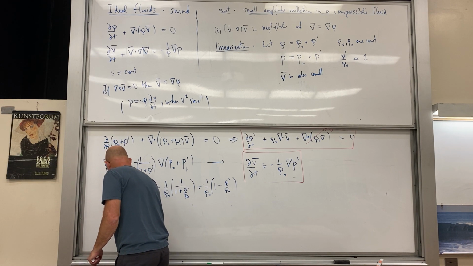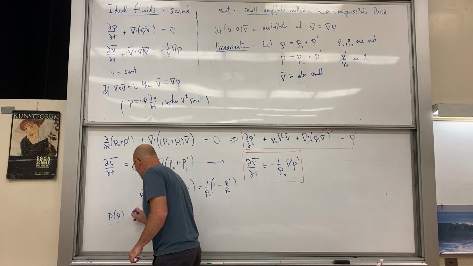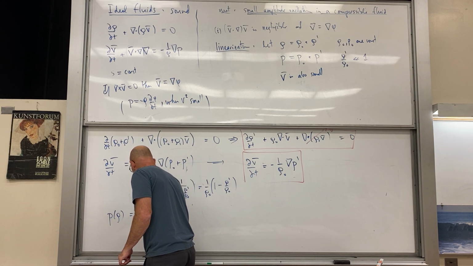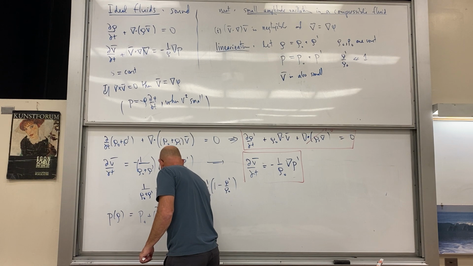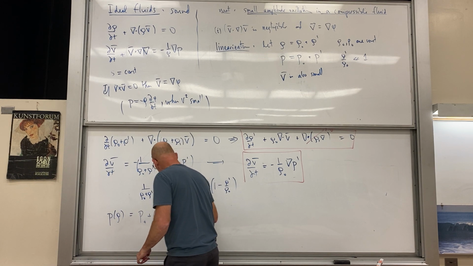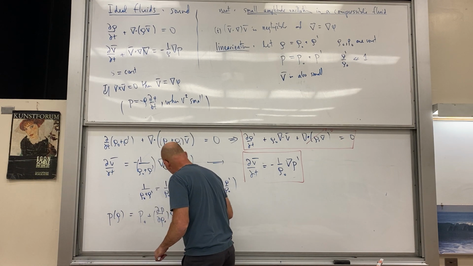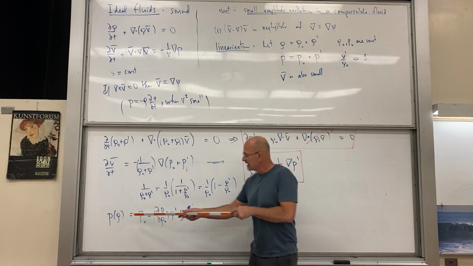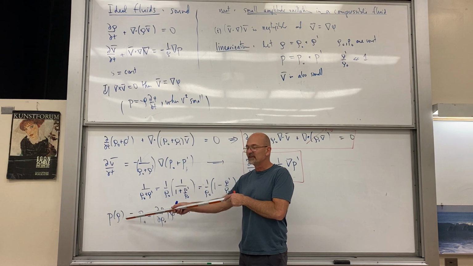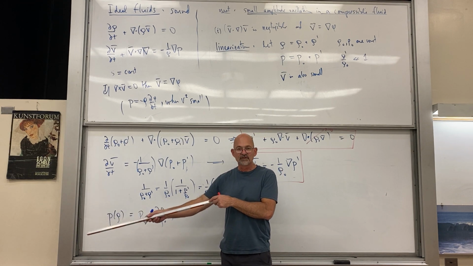We're going to understand p as being a function of rho, and then we would have p0 plus dp d rho times rho prime, plus and so on. So that's just the linear expansion when you have pressure as a function of density. And you could also do density as a function of pressure, okay?